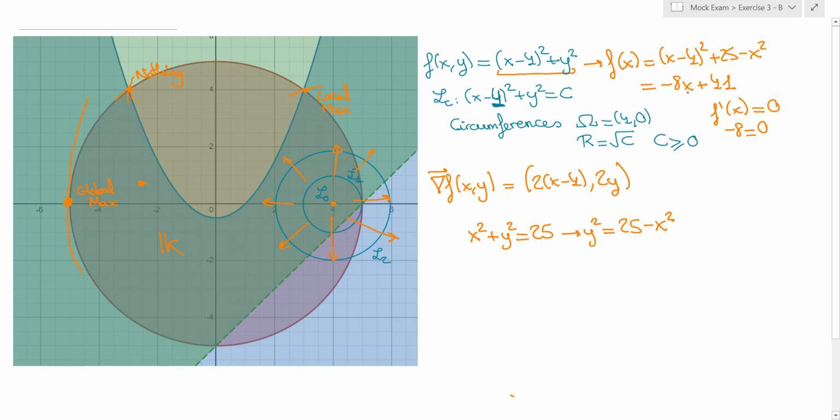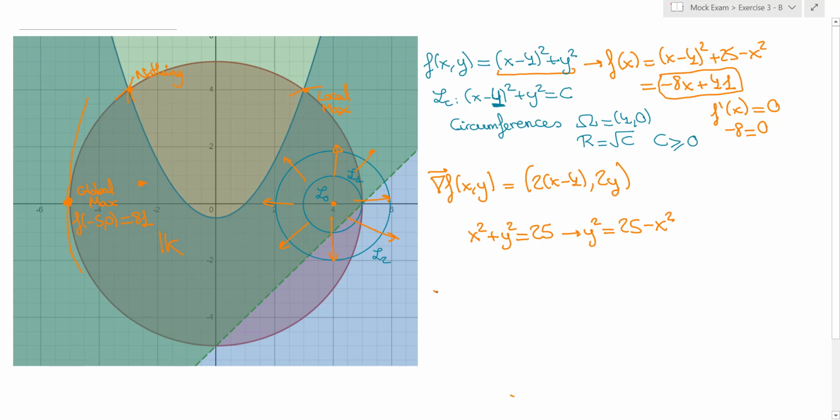Of course, this is telling you that the function grows linearly. So if you want this function to be a maximum, x should be as negative as possible, and it gives you this. Actually, the value of the function at (-5, 0) is, you can see, 81.